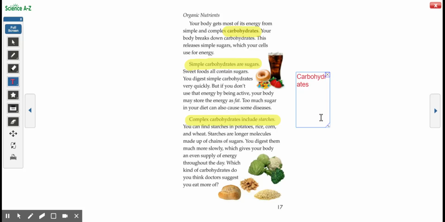Carbohydrates are usually sugars. Carbohydrates. We're going to start there. Simple are sugars. Complex are starches.